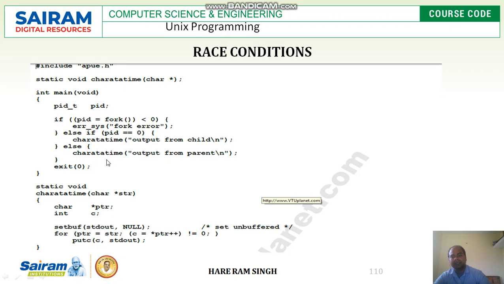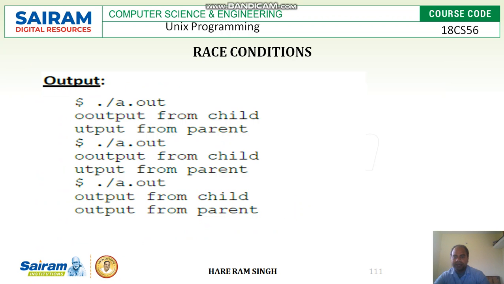So there will be a race condition between the parent process and the child process to output this data. Now if we execute a.out, sometimes the output from the child process and the output from the parent process come in one way, and the second time we execute, in another way. The third time again it differs. So it depends on the system load, processor and kernel scheduling algorithm.